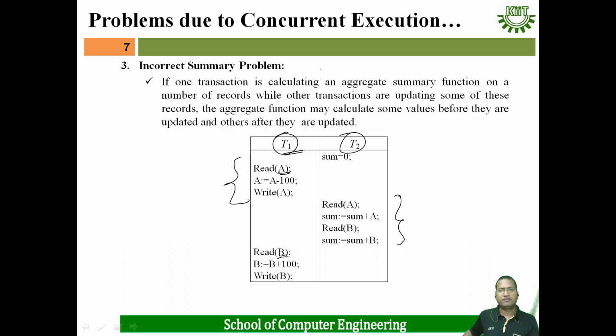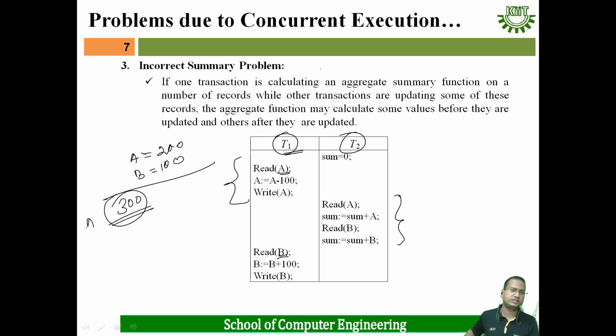If one transaction is calculating an aggregate summary function on a number of records while other transactions are updating some of the other records, the aggregate function may calculate some values before they are updated and others after they are updated. Suppose the initial value of A is 200 and the initial value of B is 100. Before any operation, if I calculate the sum of A and B, it will be 300.